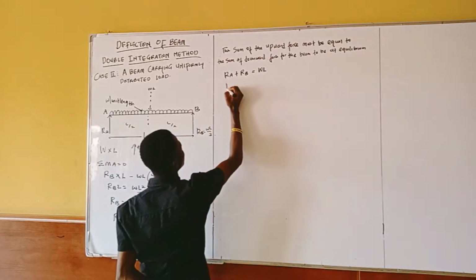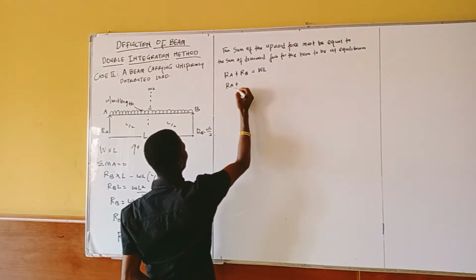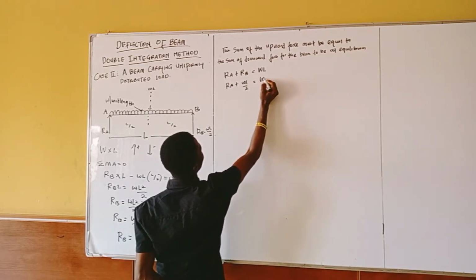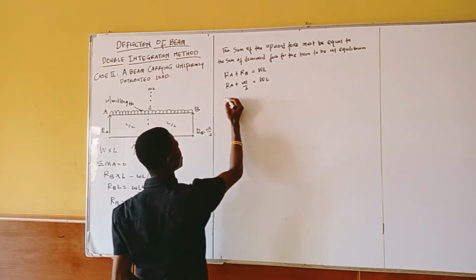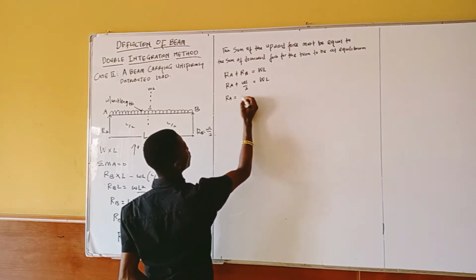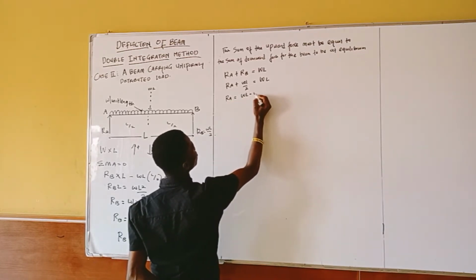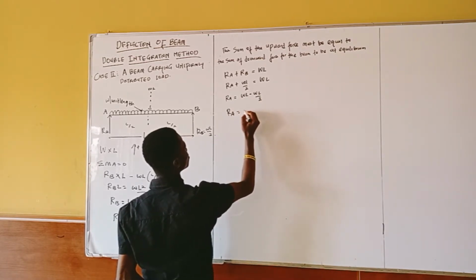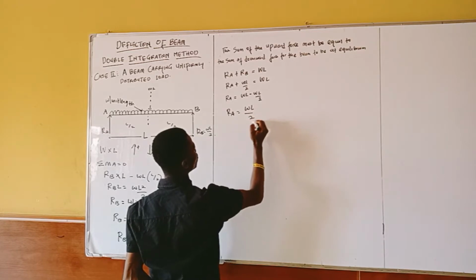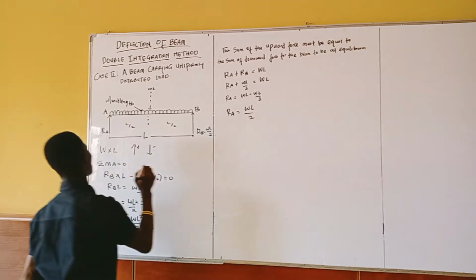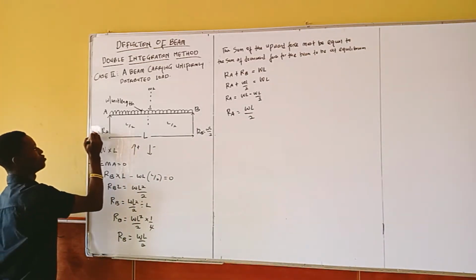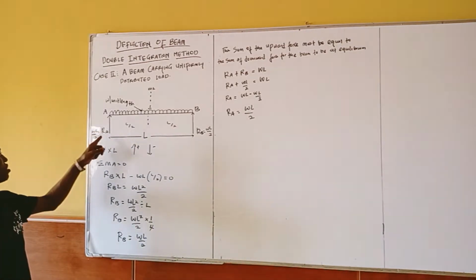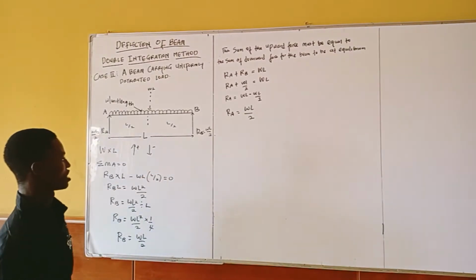So RA plus WL over 2 equals WL. Now my RA will be WL minus WL over 2, so the value of my RA is WL over 2. So I've found the reactions at both the RA support and the RB support.